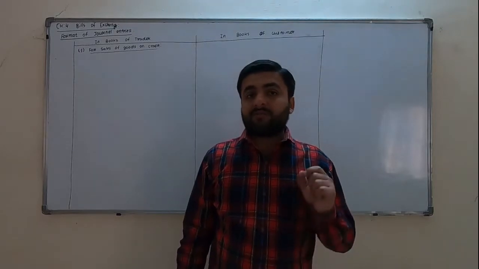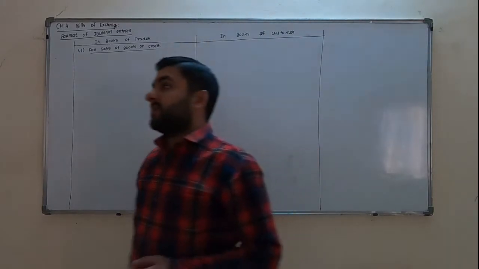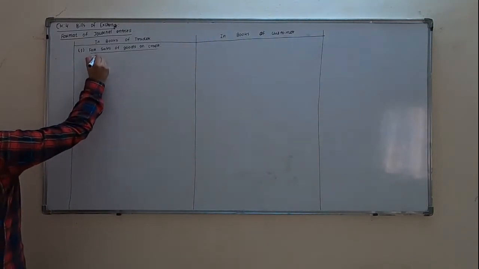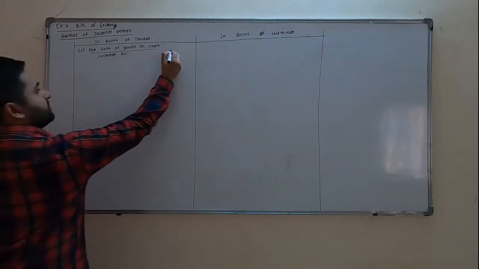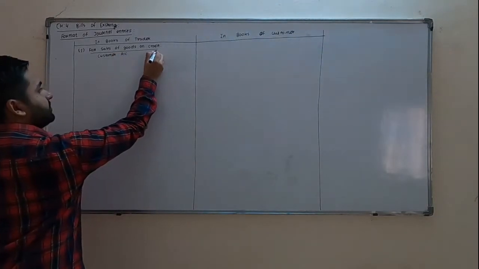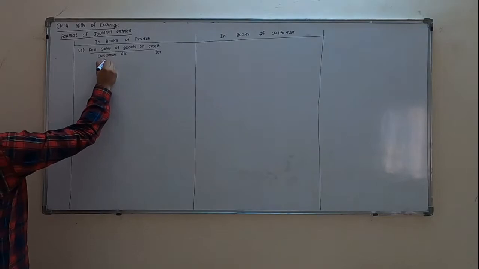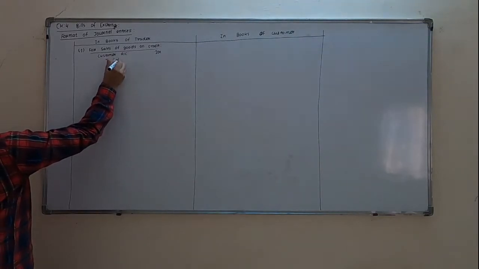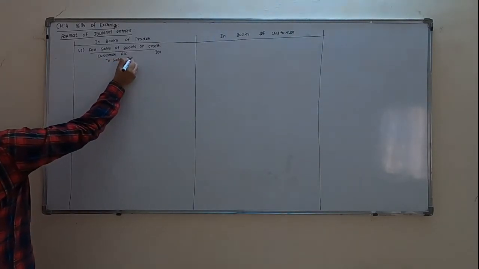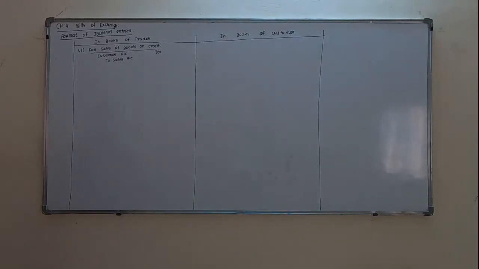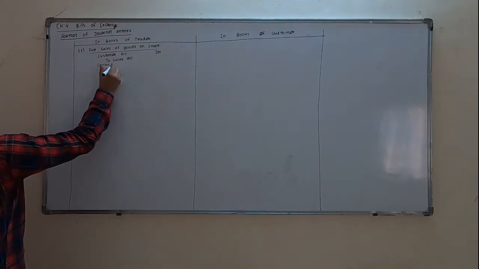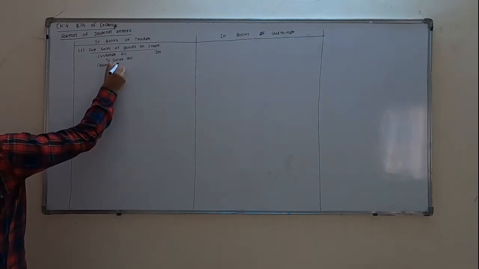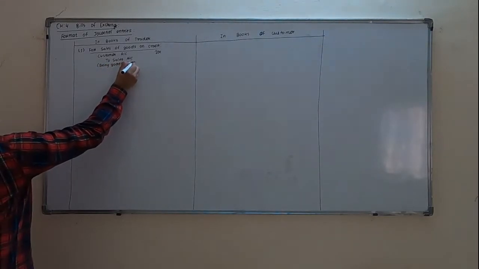So goods are going out, so sales will be credit, and customer is the receiver of that goods. So the entry would be customer account debit to sales account. Narration we will write being goods sold.